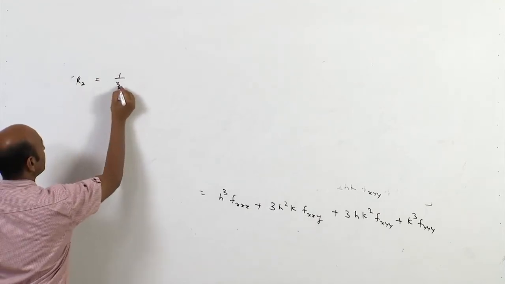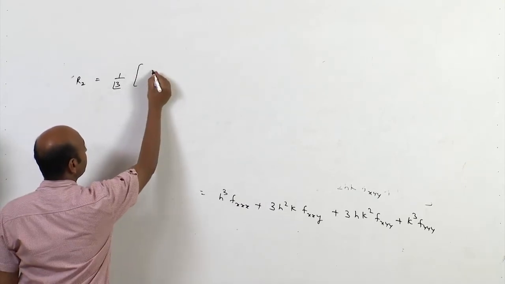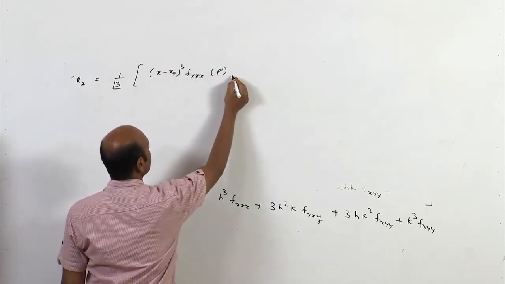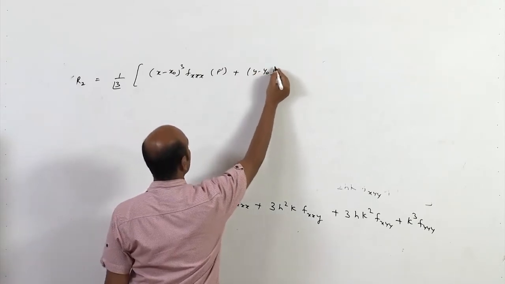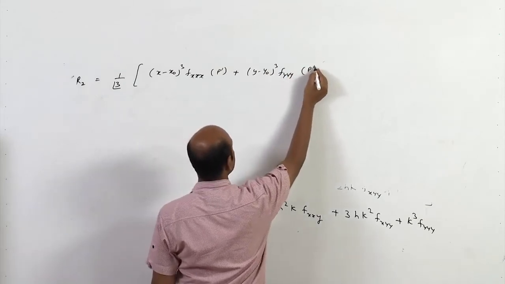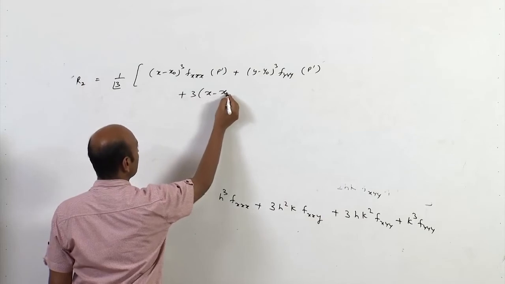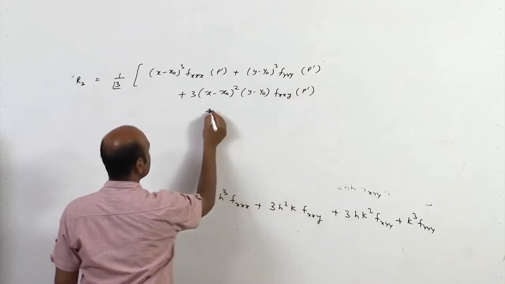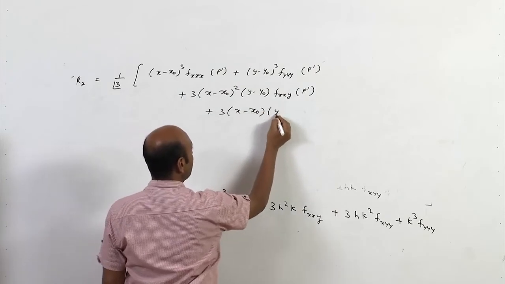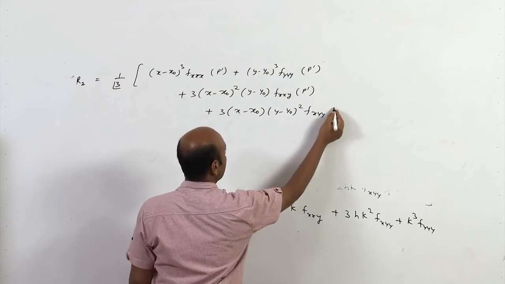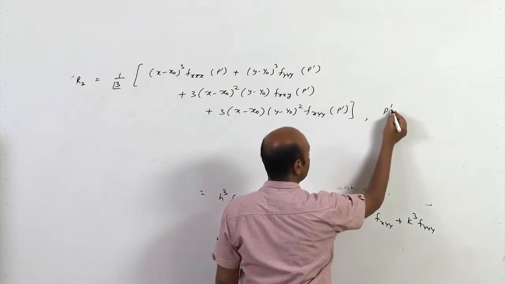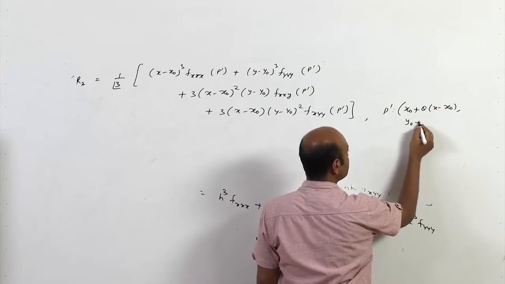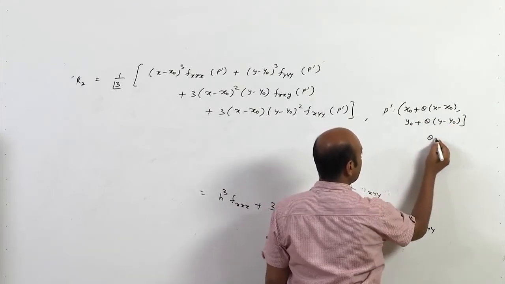It is 1 by factorial 3, it will be (x minus x naught) whole cube f_xxx at p dash, plus (y minus y naught) whole cube f_yyy at p dash, plus 3 (x minus x naught) whole square (y minus y naught) f_xxy at p dash, plus 3 (x minus x naught) (y minus y naught) whole square f_xyy at p dash, where p dash is simply (x naught plus theta (x minus x naught), y naught plus theta (y minus y naught)) and theta is between 0 to 1.